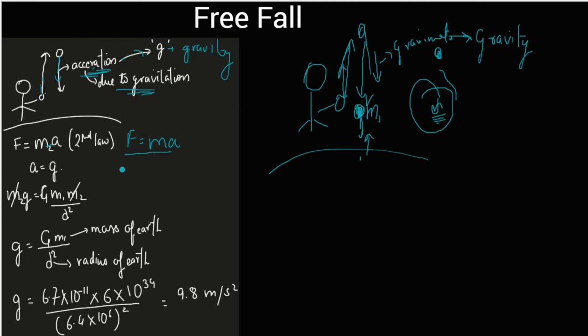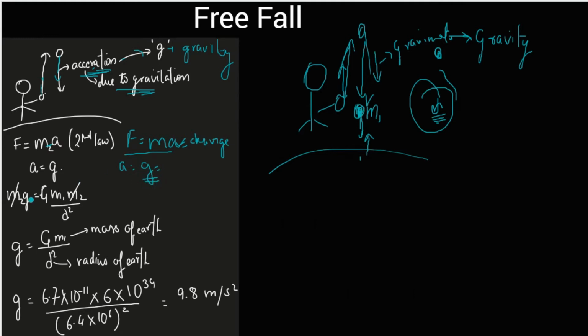So just change this acceleration and give it the symbol small g, because I want to differentiate between this acceleration and that acceleration. That acceleration can be due to anything, a change in velocity by anyone, by you, by anybody, but small g is due to gravity.